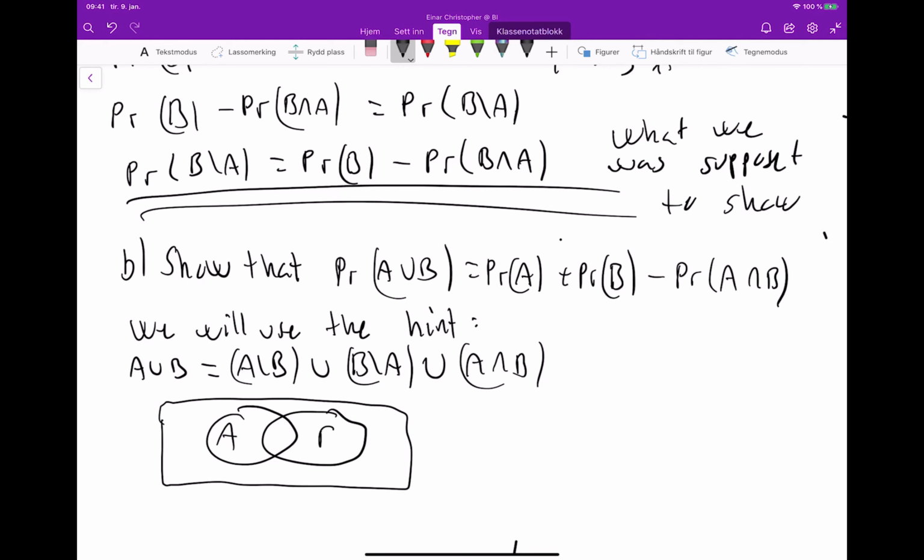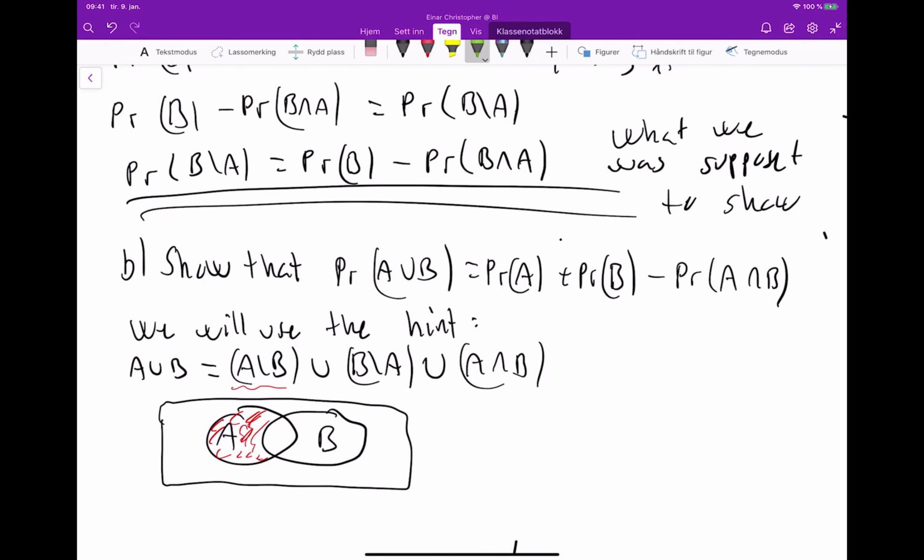A and B, and now let A minus B be red. So A minus B is this. It's all of A except what contains B. So this is the red one.